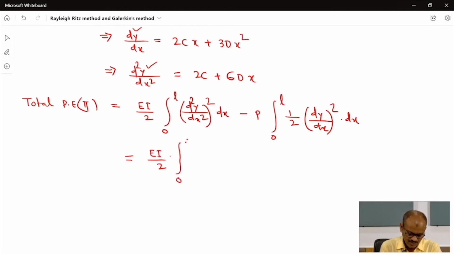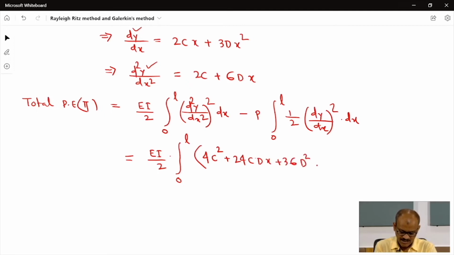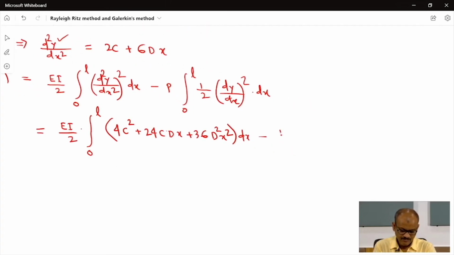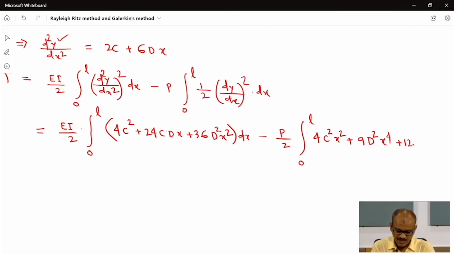integration 0 to L, this I will be writing as 4c square plus 24cd x plus 36 d square x square into dx, minus P by 2 into integrating 0 to L 4c square x square plus 9 d square x to the power 4 plus 12 cd x cube.